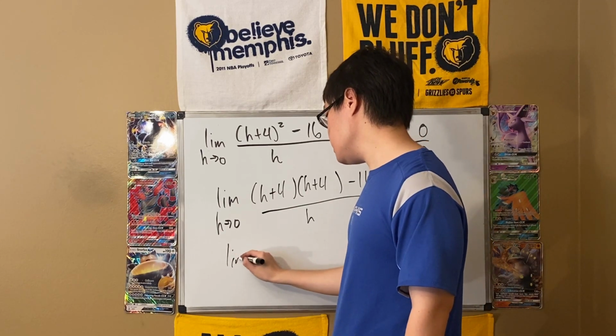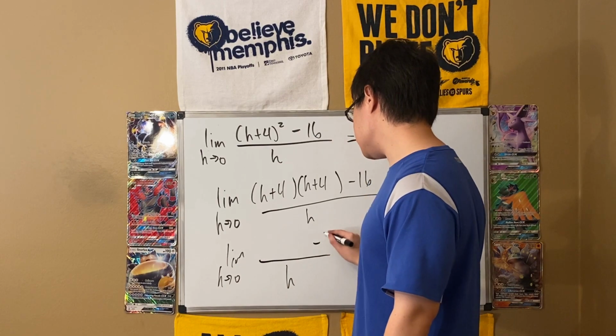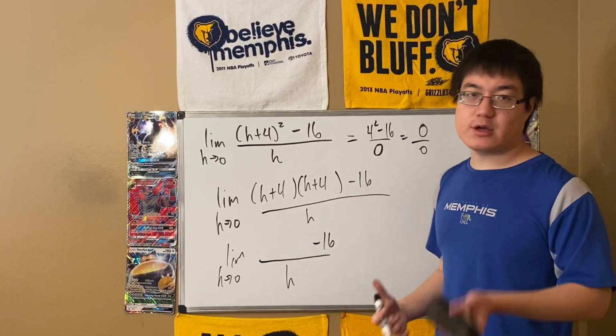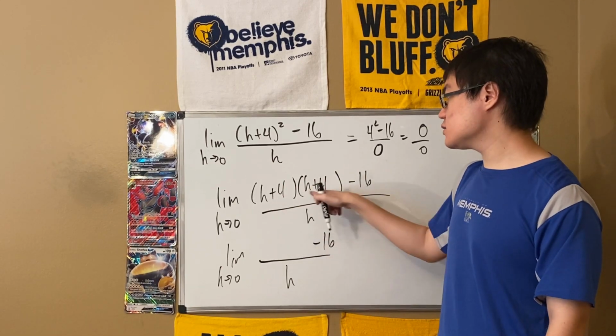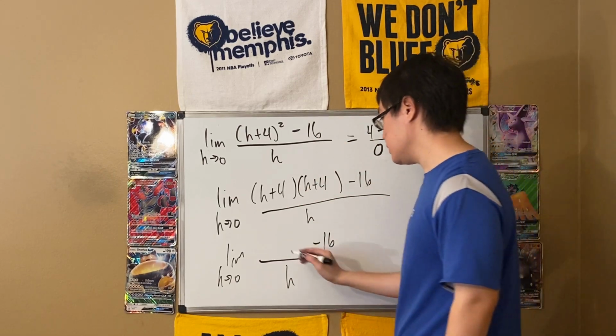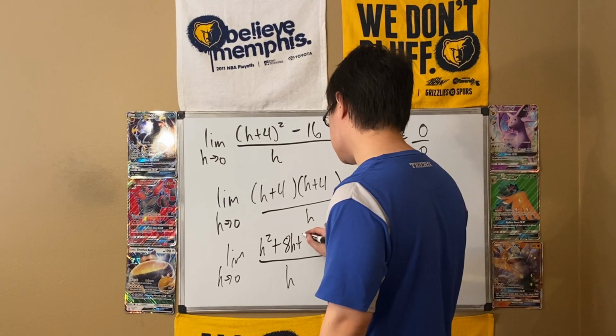So it's going to be the limit as h goes to 0, h on the bottom still, this 16 on the end doesn't change, but it looks like it's just a factor that you're pretty used to FOILing out. h squared plus 8h, because it's 4h and 4h, plus 16. So it's h squared plus 8h plus 16.